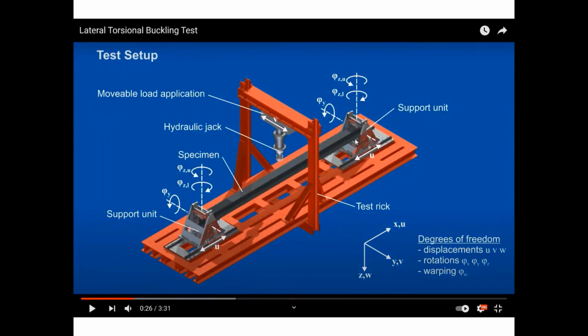So guys, in this experiment, we have a steel beam supported from this side and supported from the other side, and we have a concentrated load at the midpoint. So see what will happen.